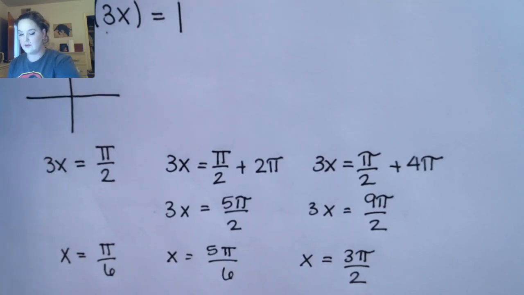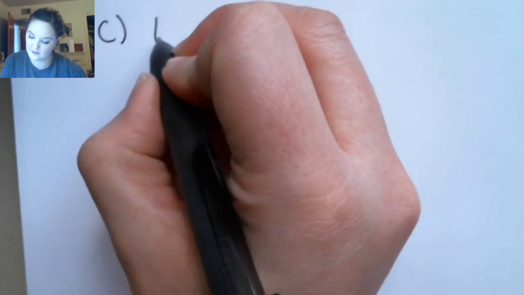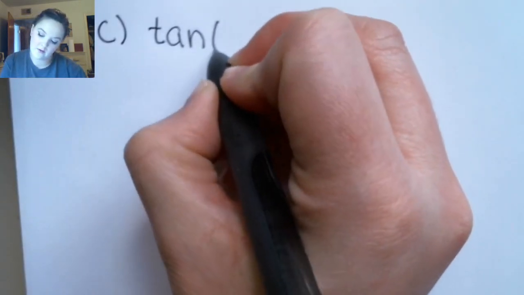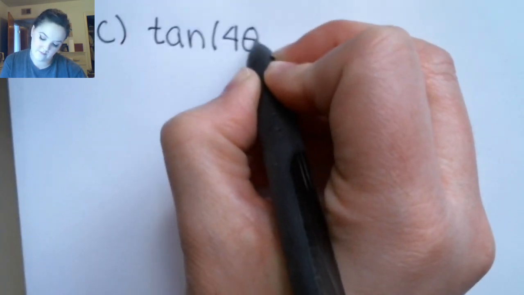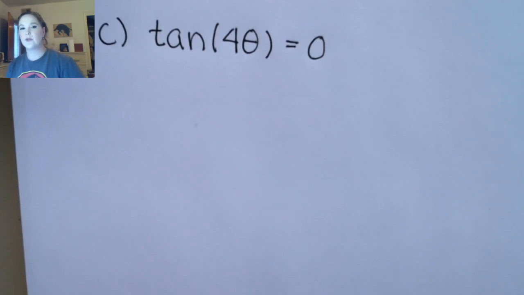All right, let's look at another example. Still solve between 0 and 2 pi. So first we're going to solve this using traditional methods.